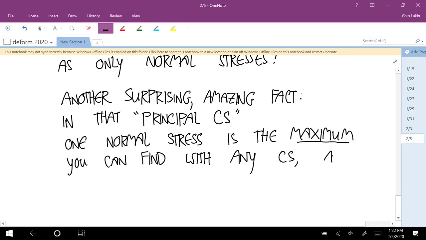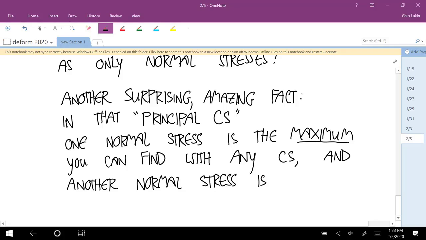And another normal stress is the minimum that you can find with any coordinate system.